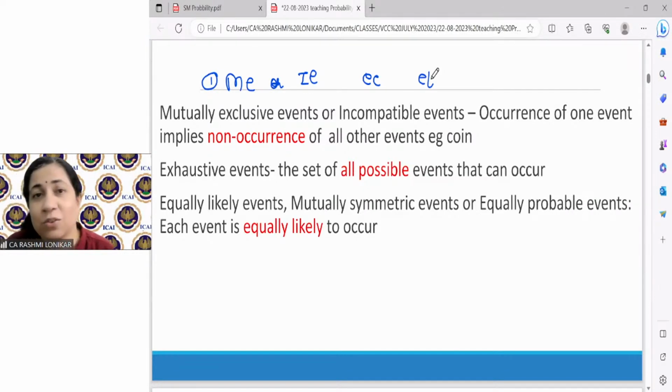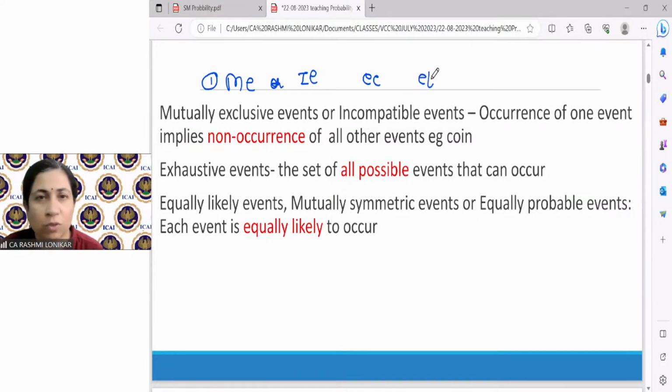Okay, so now we are talking about mutually exclusive events or incompatible events. It means that once one event occurs, the other event automatically will not occur. For example, when I am tossing a coin, either I will get a head or a tail. So the moment I have a head, what does it mean? That I cannot get a tail.